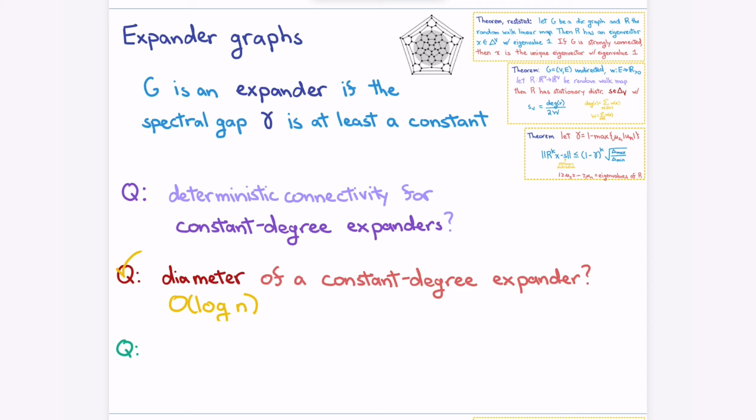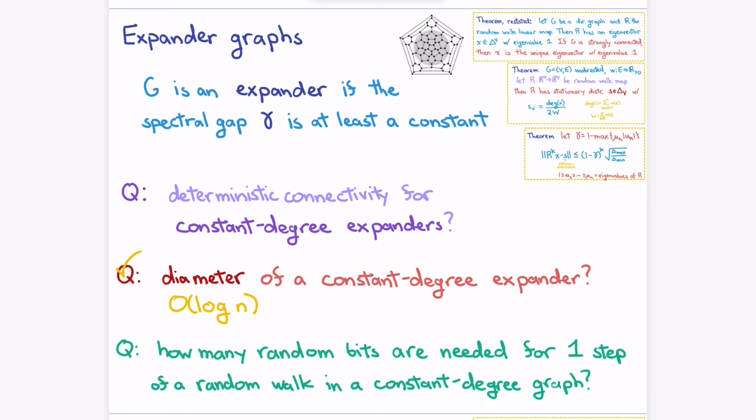Let me ask one more baby question. If I wanted to do a random walk on a constant degree expander, how many random bits do I need for each step? Let's say the degree is 10. Yeah, log of 10 or something.